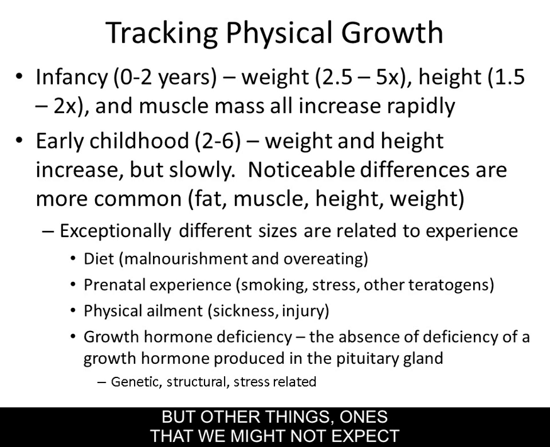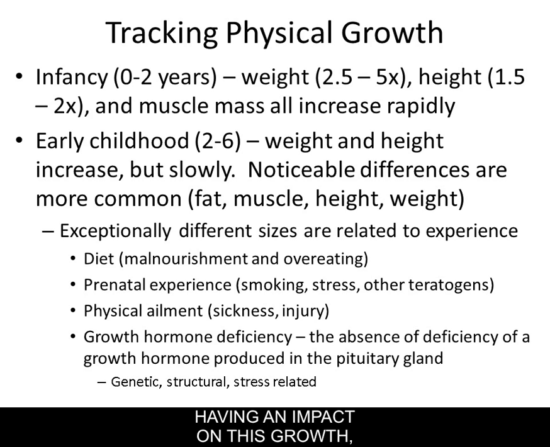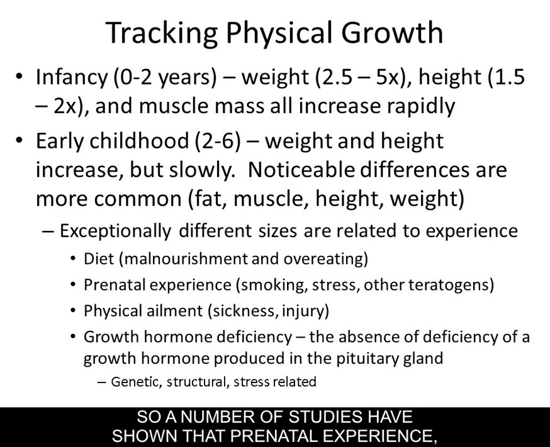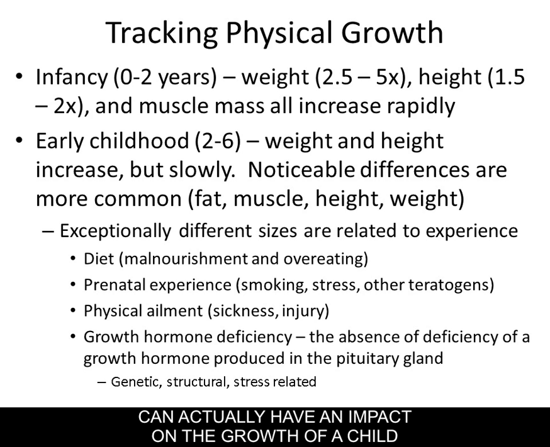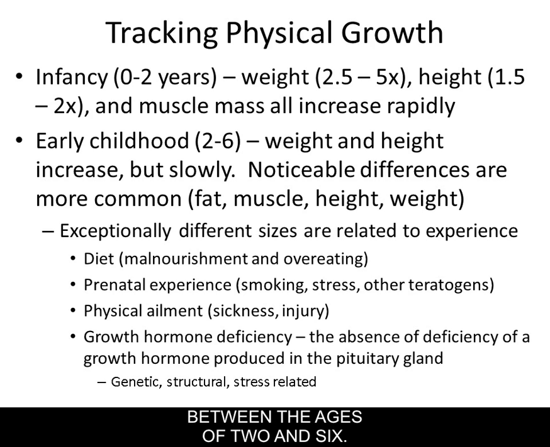But other things, ones that we might not expect, can also be related to things that actually happened before birth. So a number of studies have shown that prenatal experience, exposure to smoking or stresses before birth, can actually have an impact on the growth of a child between the ages of 2 and 6.